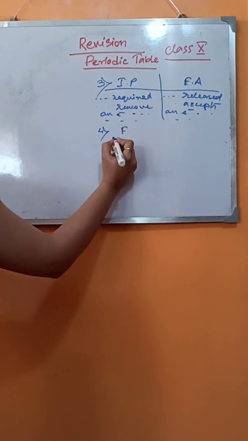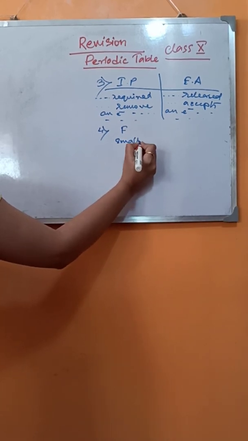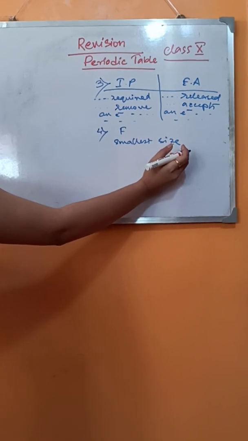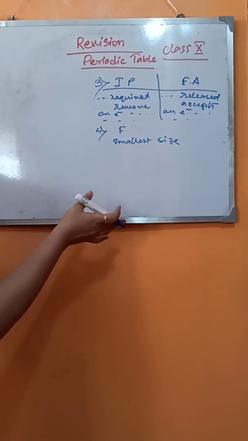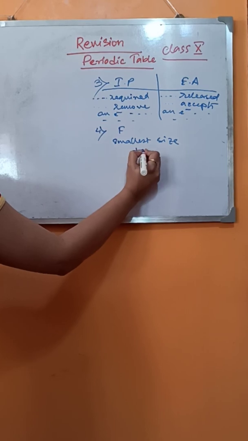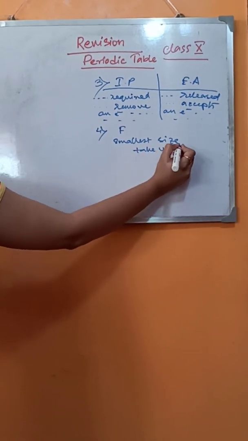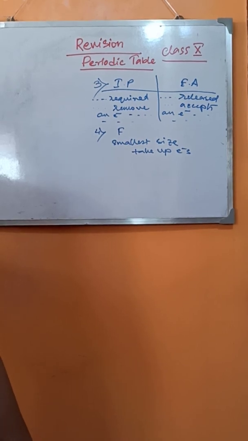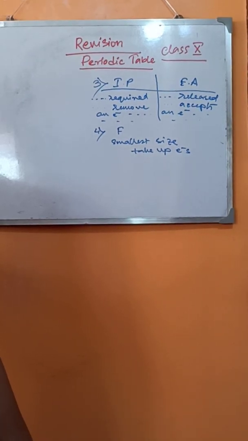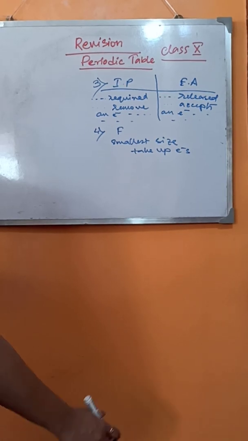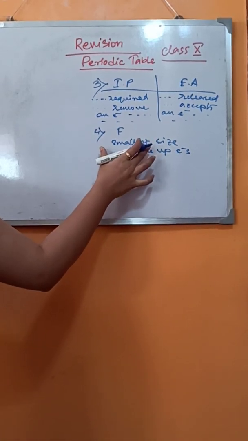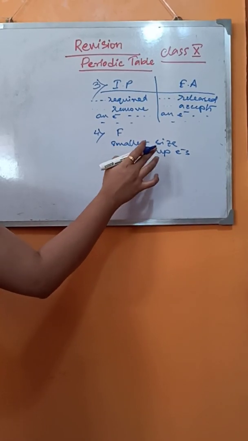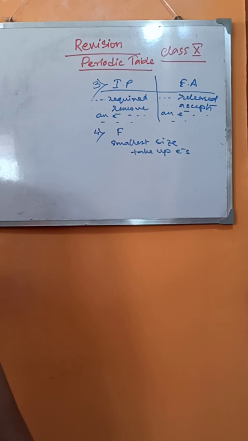Because fluorine has the smallest size, and because it has the smallest size, it can easily take up electrons, because the nucleus has a greater attraction on the electrons. Smallest size causes a greater nuclear attraction on the electrons. Therefore, fluorine can easily take up electrons.